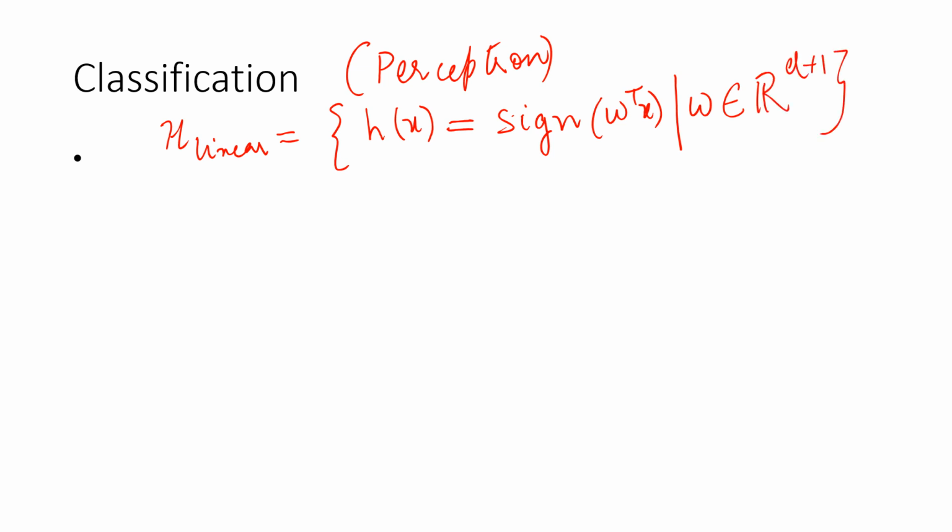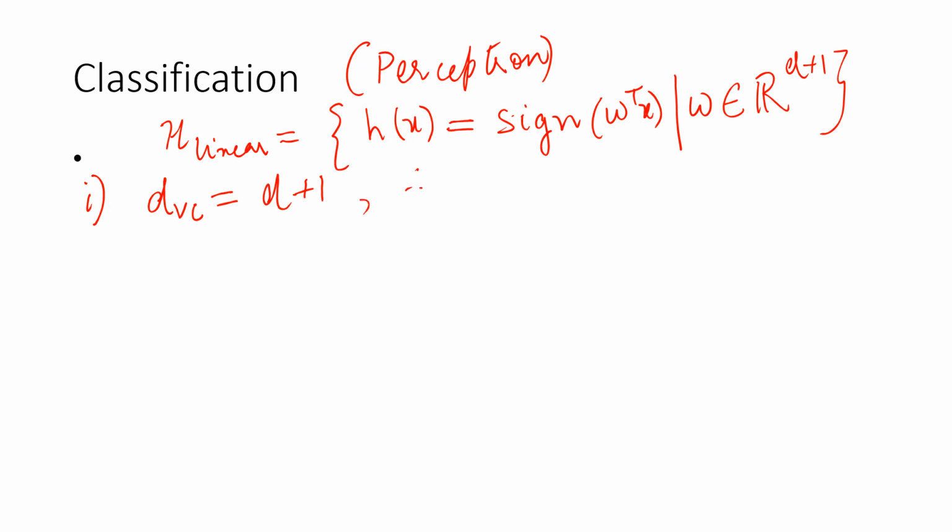If you remember why d plus 1, because of the added bias in there. And in addition to defining the hypothesis set, we also discussed that for the perceptron, the VC dimension was d plus 1, which is really good. So it is one of the good hypothesis sets.